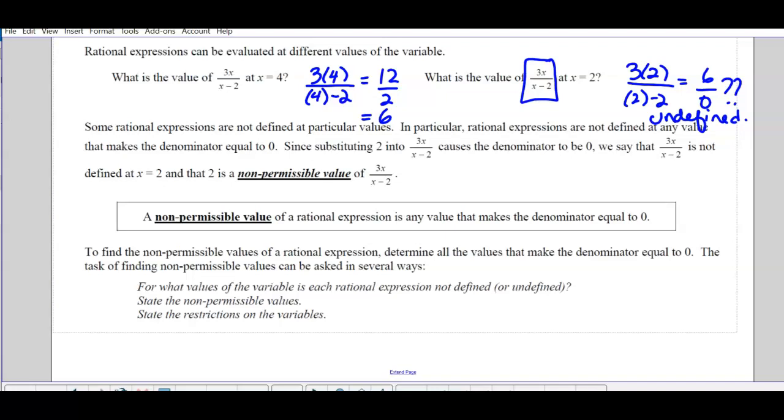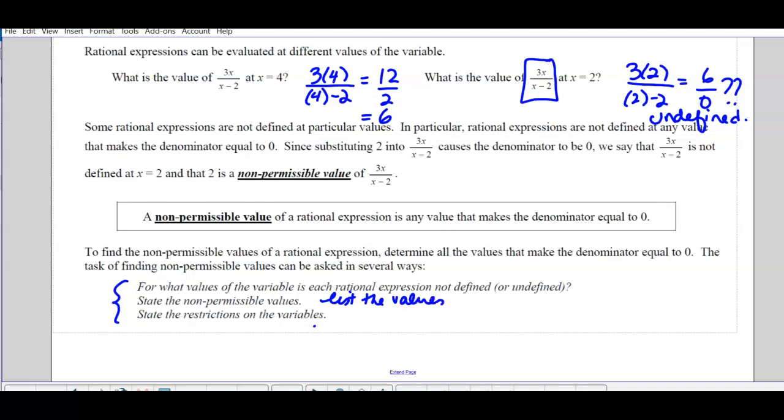Okay, so a lot of times in questions, we might ask you 3 different ways of stating those non-permissible values. For what values of the variable is each rational expression not defined or undefined? State the non-permissible values and state the restrictions. So when we state the non-permissible values, really you can just list the values.